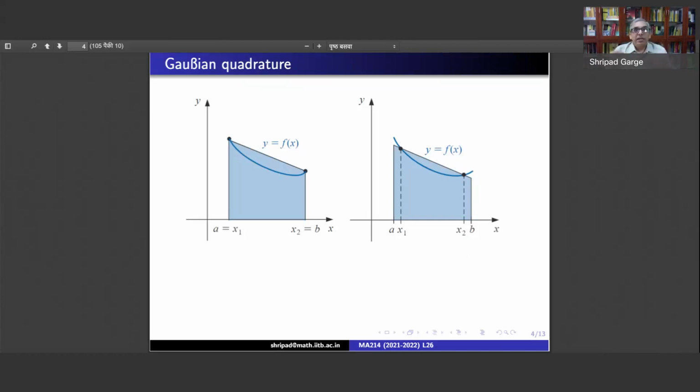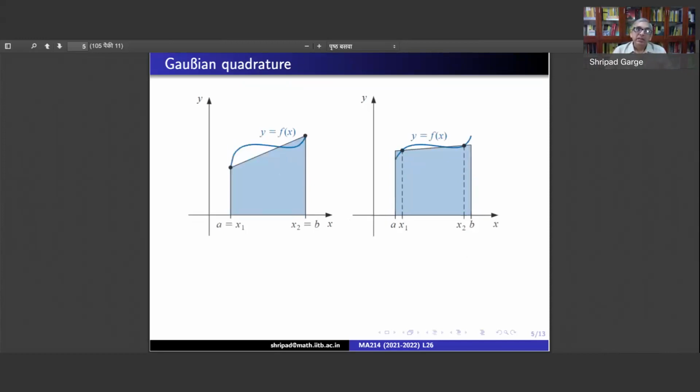Often it doesn't have to be above the line or below the line. For instance, even in this picture, where the graph intersects the line joining those two endpoints, the part which is below the line is smaller compared to the part which is above the line. Therefore, we will have some error, whereas in the modified picture the points have been moved slightly so that the error is minimized.